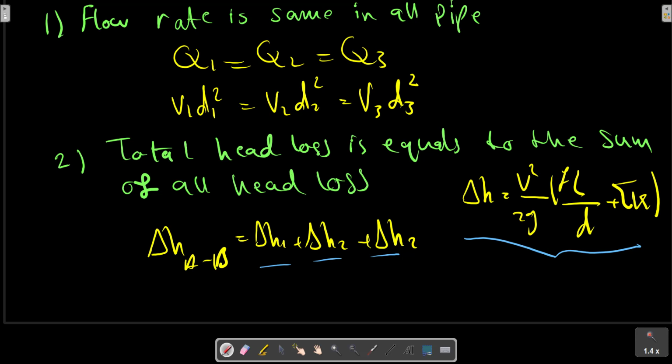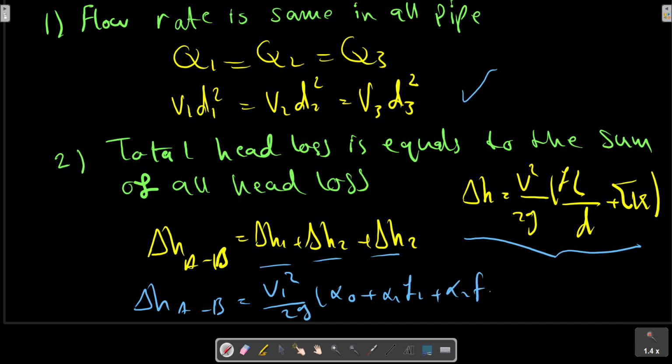V2 and V3 are proportional to V1 from the previous equation. So we can write delta H, the head loss from A to B for pipes in series, as a function of the flow rate only, for example alpha 3 f3, where the alphas are dimensionless constants.